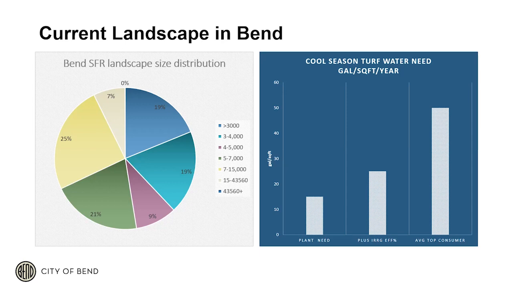So double what they need to, even on top of the inefficiency of the irrigation system. This is basically showing there's a lot of low-hanging fruit out there that we can correct by looking at and maintaining our irrigation systems differently. Next slide, please, Aubrey.